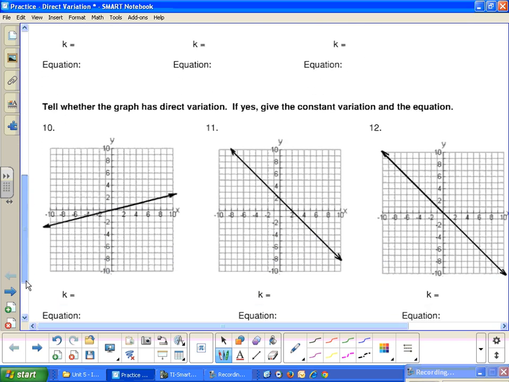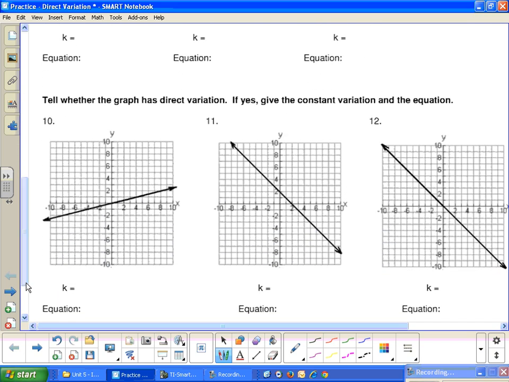Skip down to the graph for just a minute. It says, tell whether the graph has direct variation. If yes, give the constant variation in the equation. A lot of explanation, and all it means is that if it's direct variation, it must go through 0, 0. It must go through 0, 0.